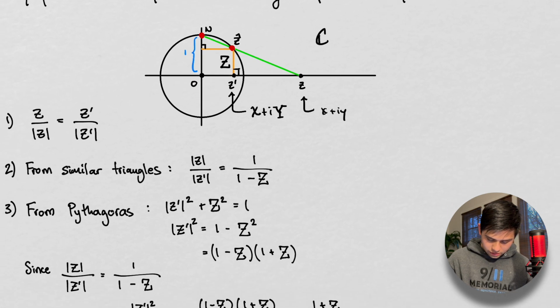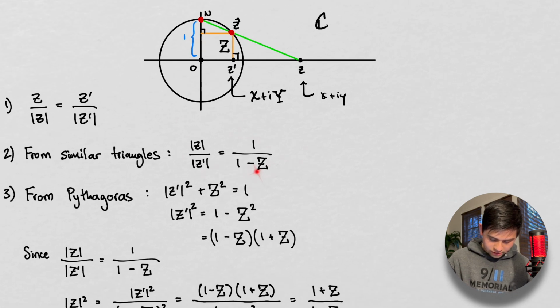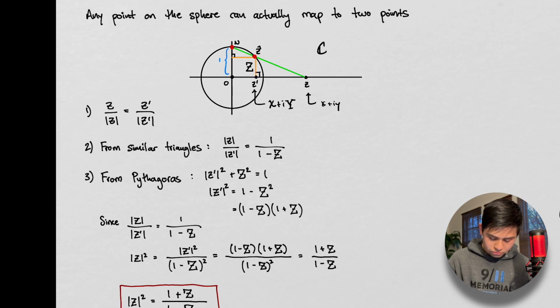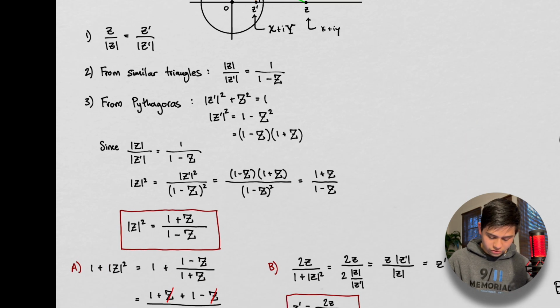And that's where we get this right here. So 1 is to z as 1 minus z is to z prime. So those proportionally change to each other as well.